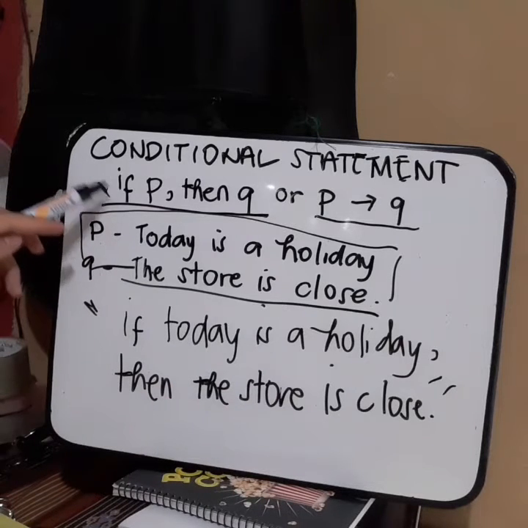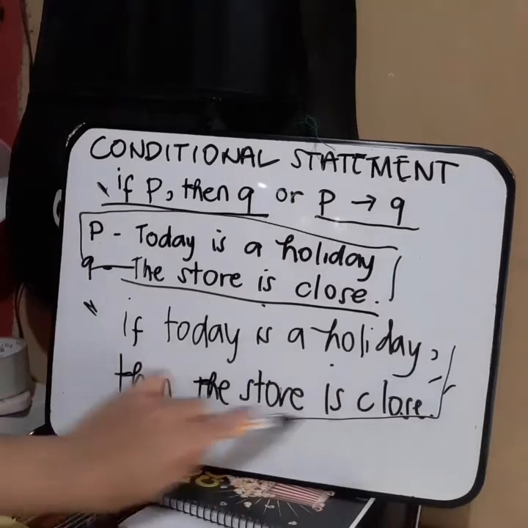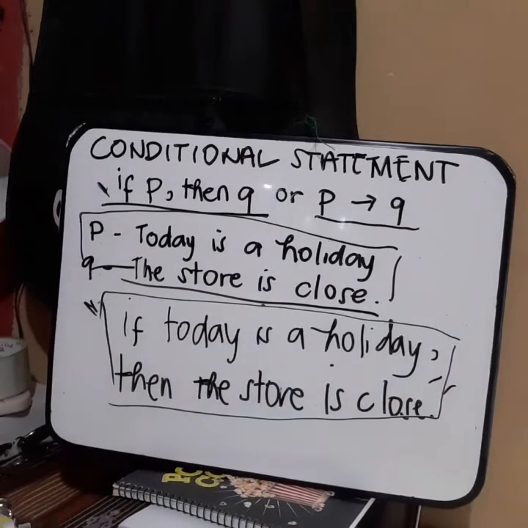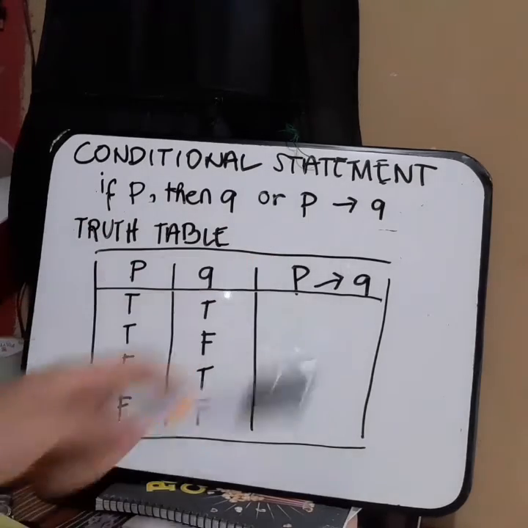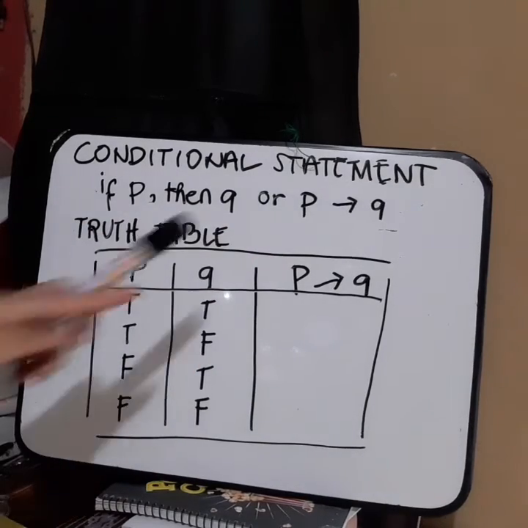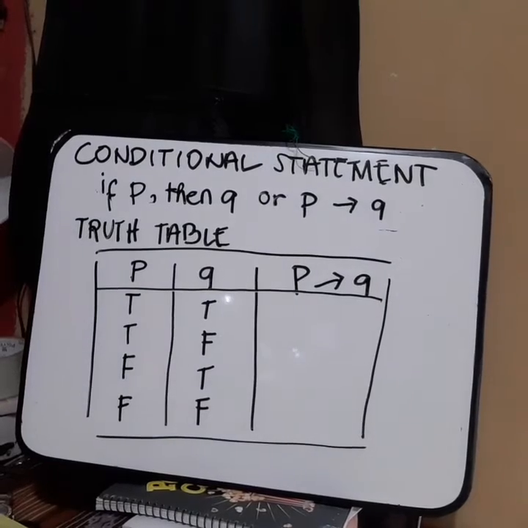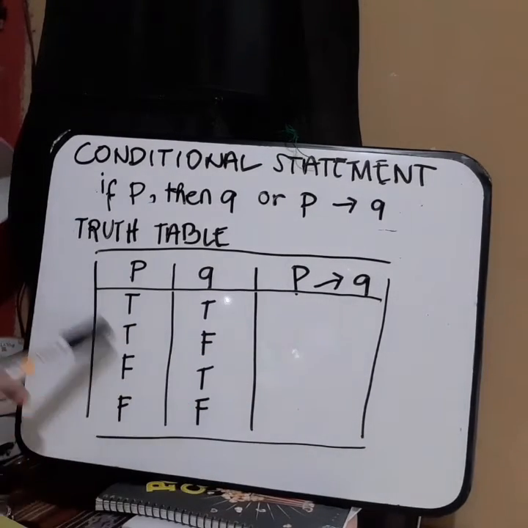We just follow this formula: if P, then Q. So we do have this phrase, the conditional statement. Here we do have the truth table of the conditional statement, which is if P, then Q. So how are we going to get the if P, then Q in this table?